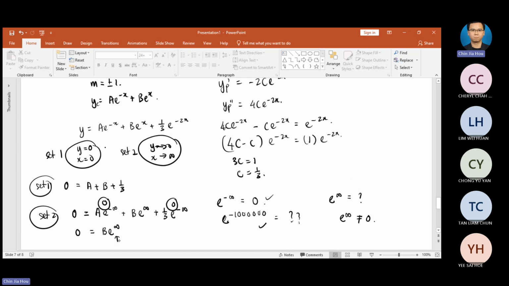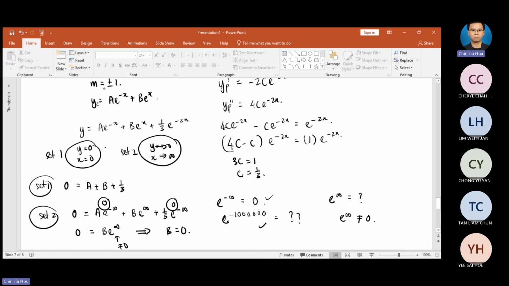If this is not 0, how to make this 0? The b must be 0. We call it deduction. I don't know whether I'm using the correct word or not. It's logical thinking.